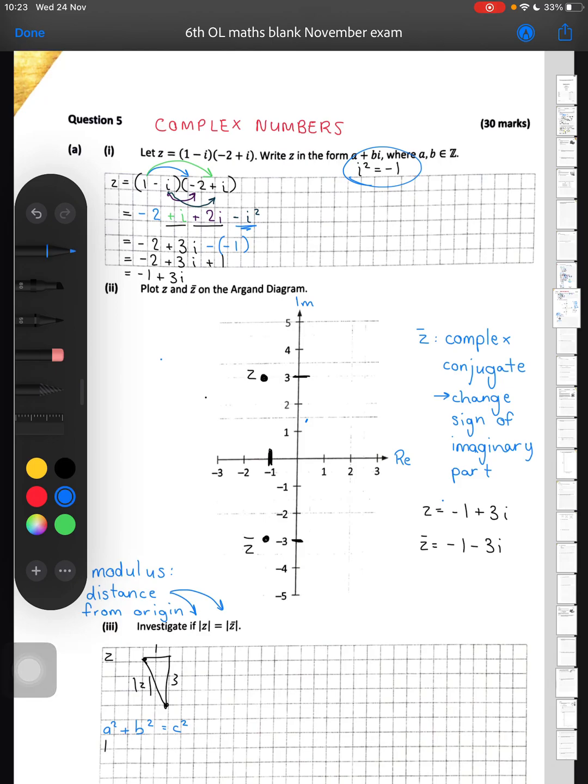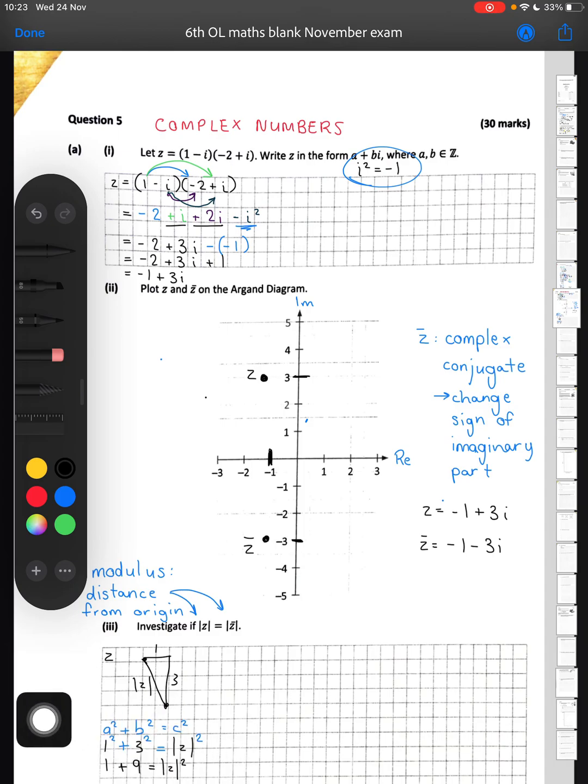So we'll have 1 squared plus 3 squared is the modulus of Z squared. Okay, so 1 plus 9 is the modulus of Z squared.